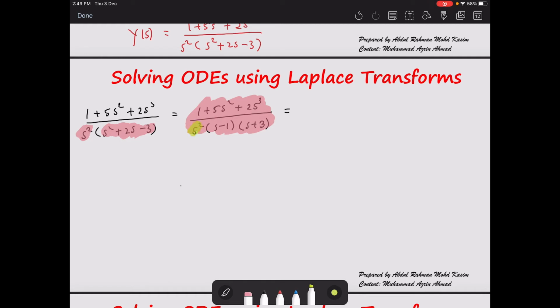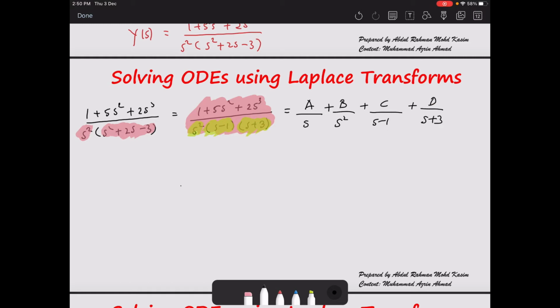So this is the first term, this is the second term, and then this is the last term. So altogether is a linear factor. So what you will have for this one, you will have A over s plus B over s squared plus C over s minus 1 plus D over s plus 3.